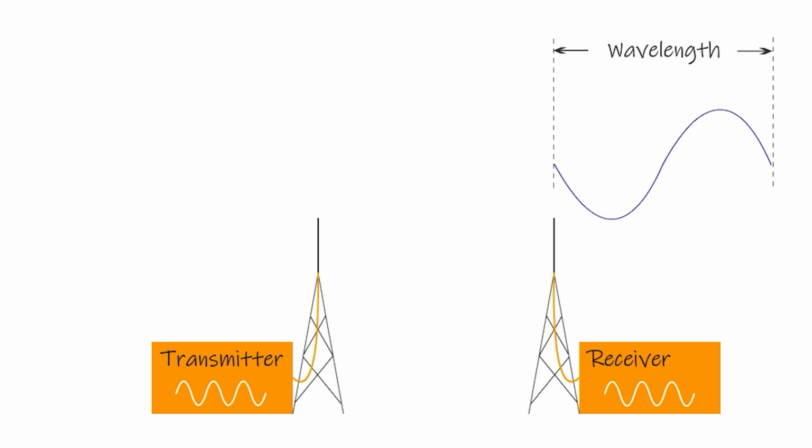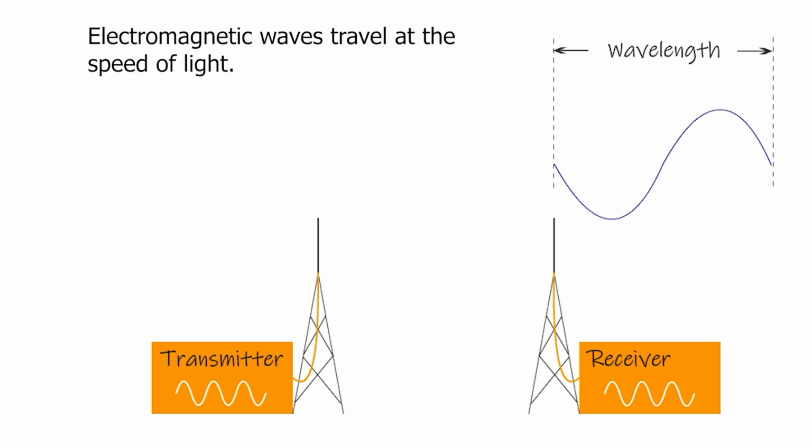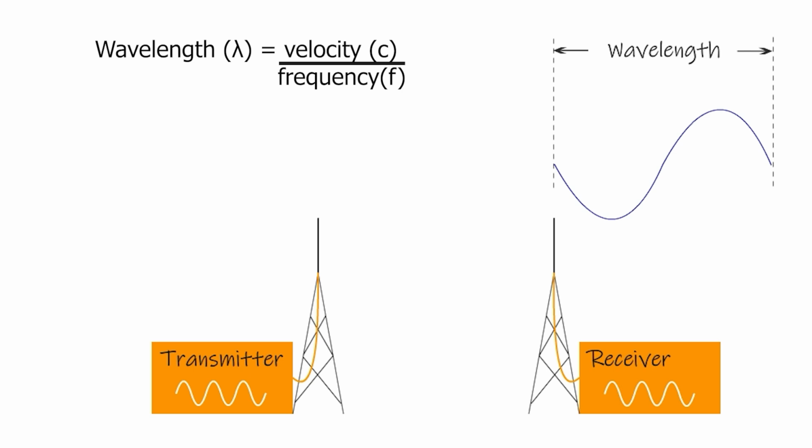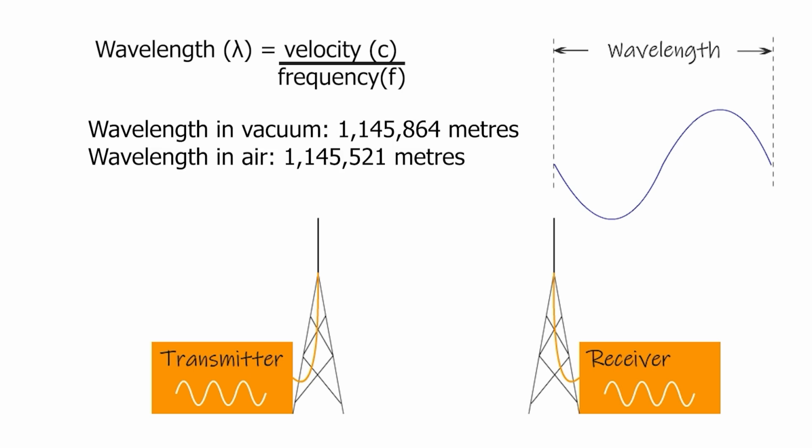But bear in mind that this is not a sound wave. It's not travelling at the speed of sound. It's an electromagnetic wave, and that travels at the speed of light. So if we do the maths, our wavelength in this case, which we get by dividing the velocity of the wave by the frequency, is a little over 1,145,864 meters, over 1,000 kilometers.